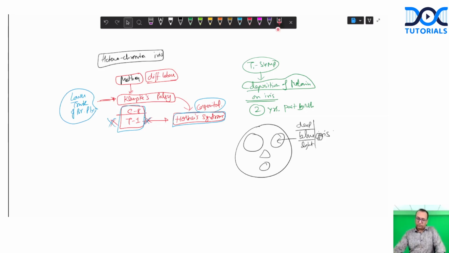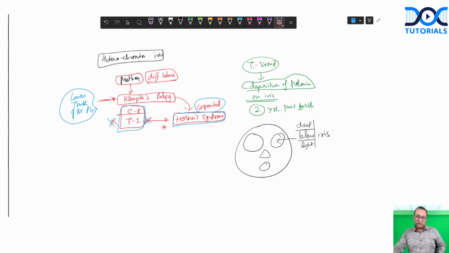So you are telling that when a baby is born anywhere in this world, maybe India or anywhere, the baby will have blue iris. Mostly it is deep blue, but it could be light blue also, but it is blue. Then how does it become black or dark brown, like we have? Because the T1 sympathetic system was depositing melanin on the iris, and it takes 2 years.